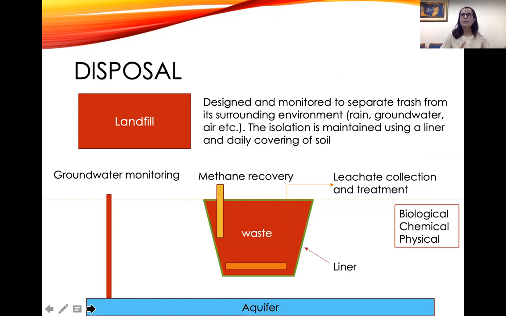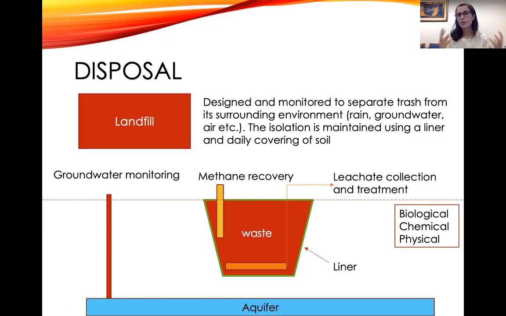And because I've also been using the term landfill a lot, I thought it wouldn't be fair to just let go of this term without really explaining it to you. You basically select a place or a piece of land, you exclude it from its surrounding environment using a liner or some form of isolation, and then you put the waste there, extracting as much as you can out of it.